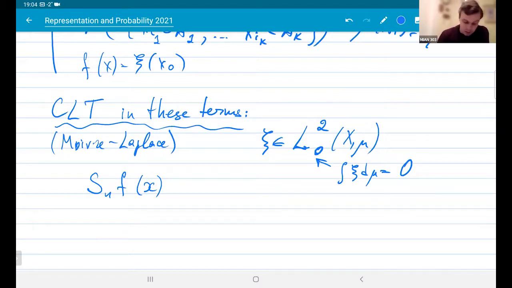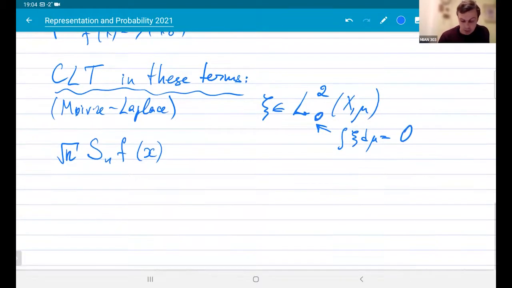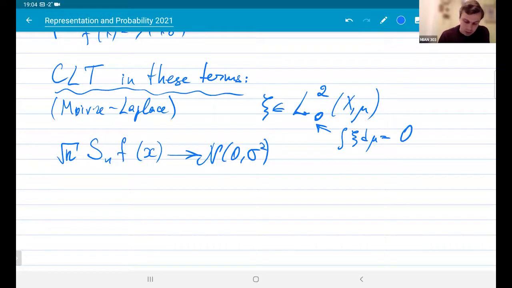And then our central limit theorem says that this converges to this, where σ squared is just the variance of ψ. So this is a statement.